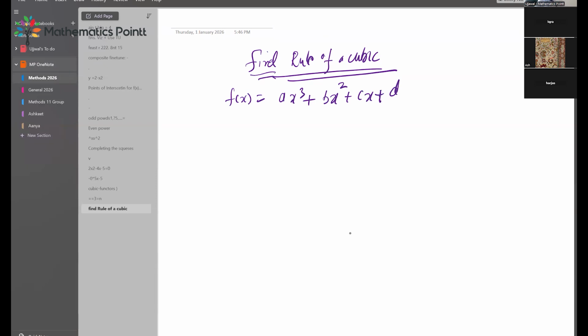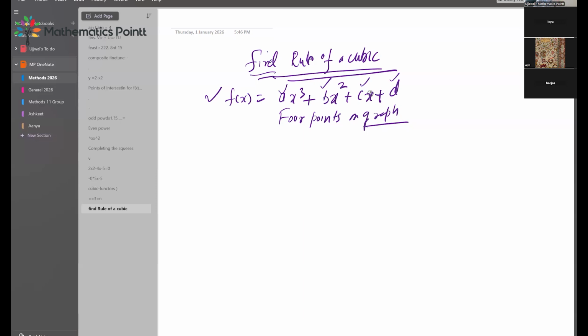You will use this form when you are given 4 points on the graph. Why? Because you are after finding 4 unknowns. So the question in the exam will give you 4 different coordinates on the graph so that you can sub them in and find a, b, c, d. So if you have that kind of information provided to you, you can use this form.